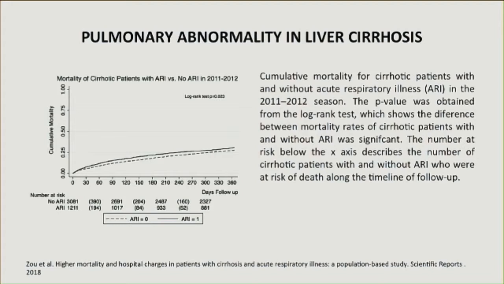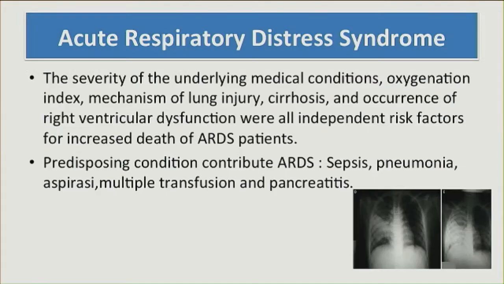In this diagram, we show that there is a significant difference between both groups of patients. Patients with acute respiratory infection have a higher mortality rate in the following 1 year. For the ARDS itself, it may develop caused by sepsis, pneumonia, aspiration, multiple transfusion, and also pancreatitis.